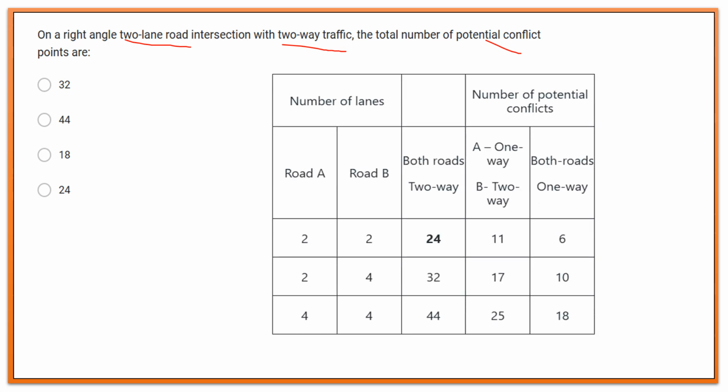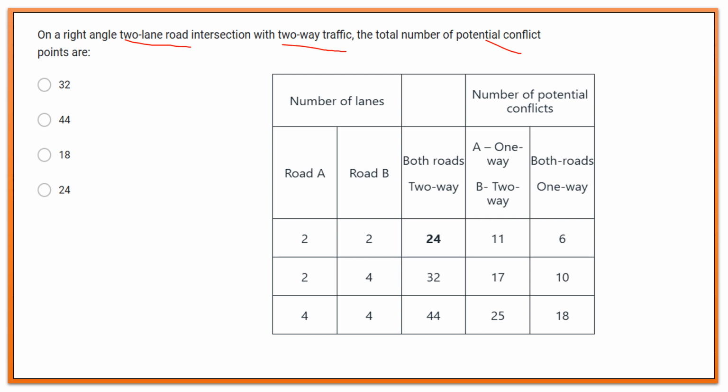In the chart, the number of lanes is given: road A has 2, 2 and 4 lanes, road B has 2, 4 and 4 lanes. For the number of potential conflicts, three conditions are there. First, both roads are two-way. Second, A is one-way and B is two-way. Last, both roads are one-way.